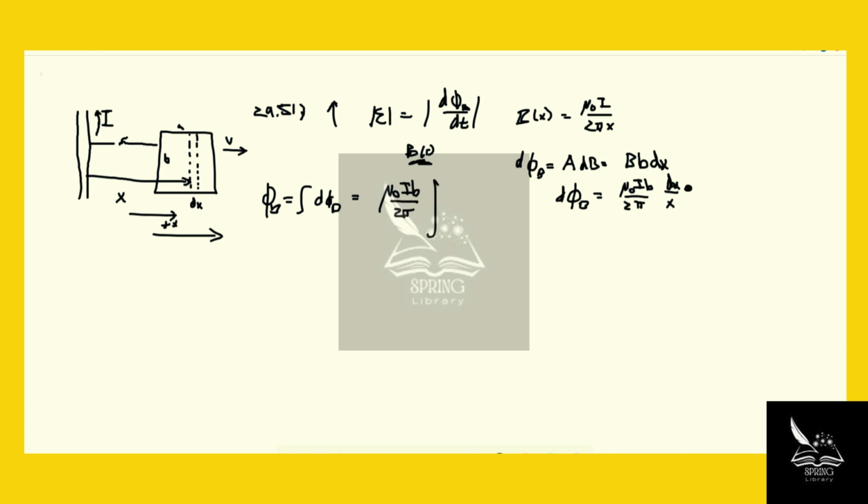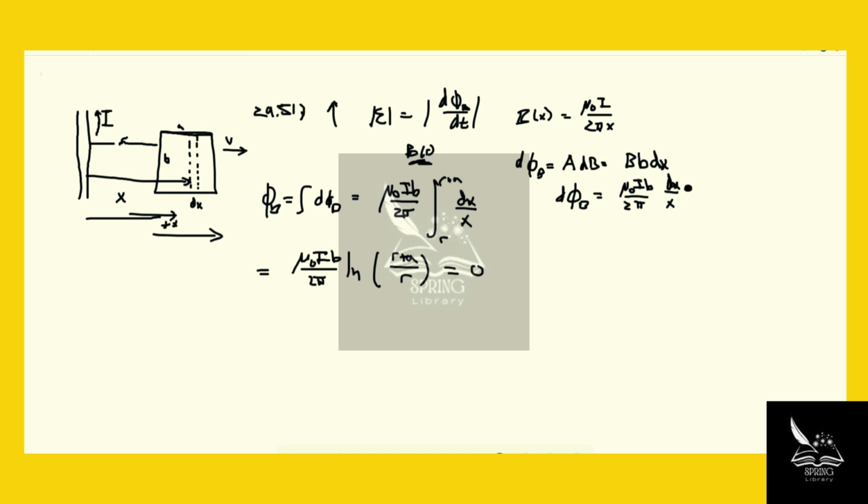Since our differential is dx, we're integrating from x equals r, because that's where the loop starts, and it adds up a, so we integrate from r to r plus a. Those are our bounds, and the integral is dx over x. We can do that integral now, and we see that this becomes mu naught I b over 2 pi times the natural log of r plus a over r. Cool.